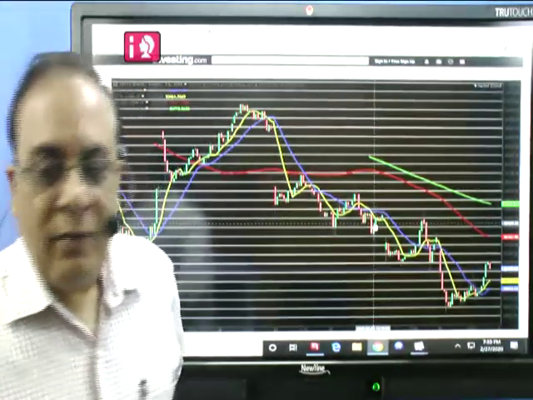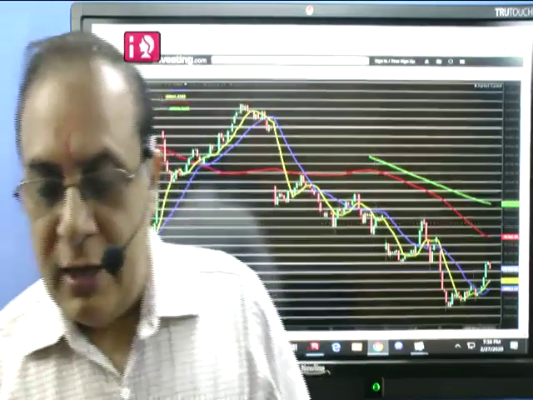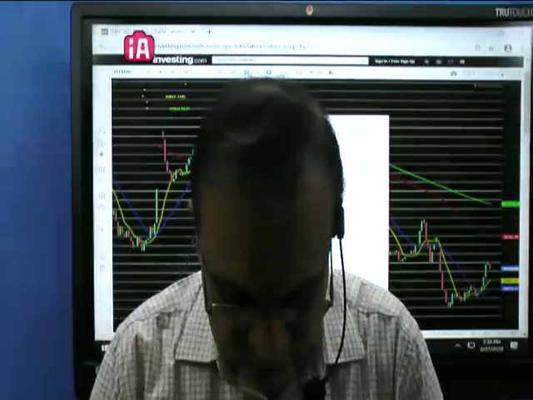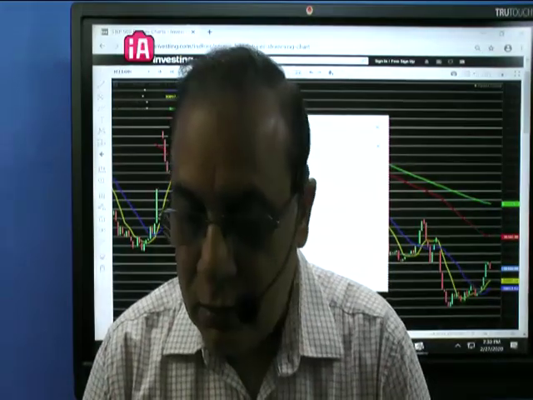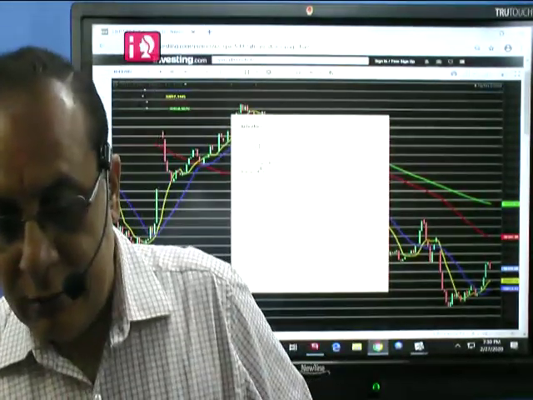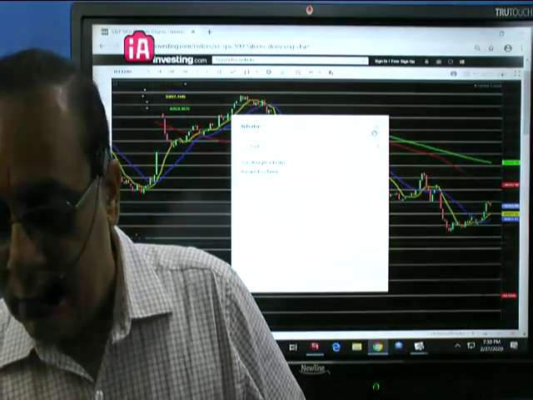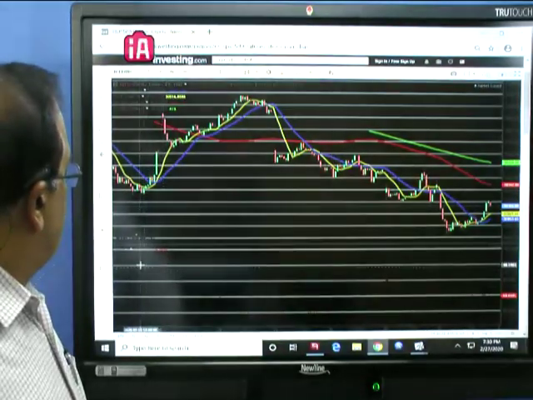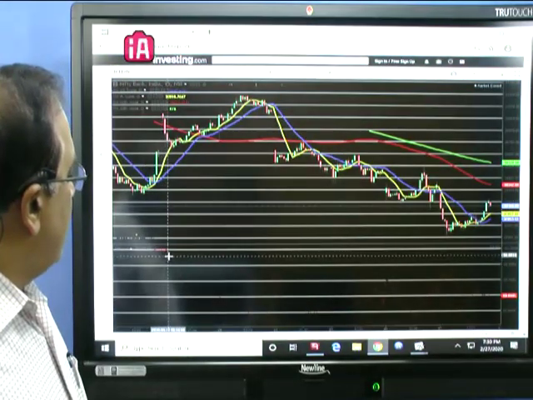Now similarly, like what we discussed about the average range. The average range for Bank Nifty, let us say the average true range, this is the 14-day average true range.